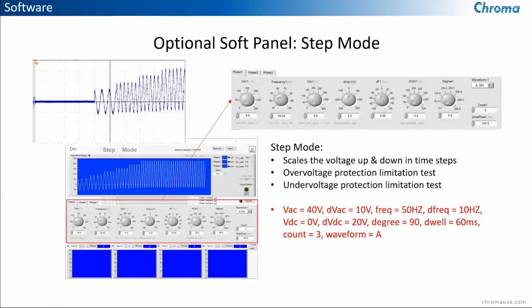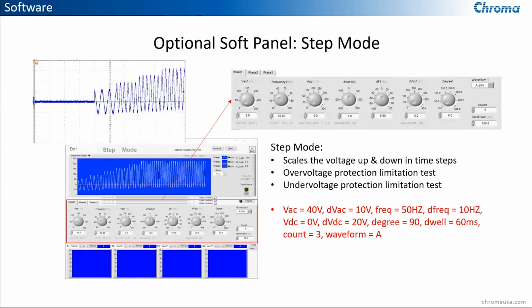With step mode, it provides you a simple auto switch function that changes the output voltage by stepping. This is a good tool when testing for a product's overvoltage and undervoltage limitations. In this example, the fundamental voltage is set to 40 volts and the frequency is set to 50 hertz.